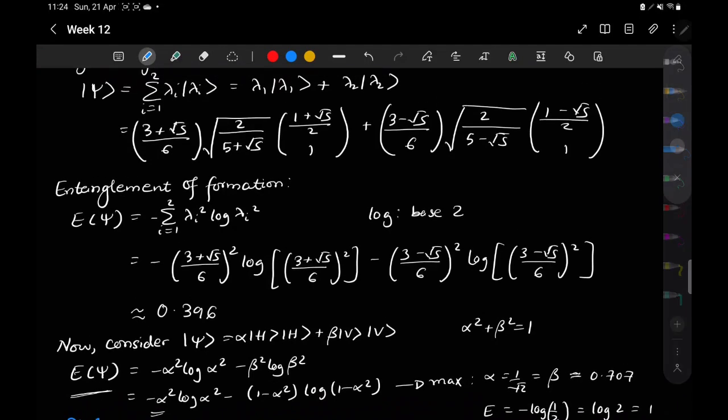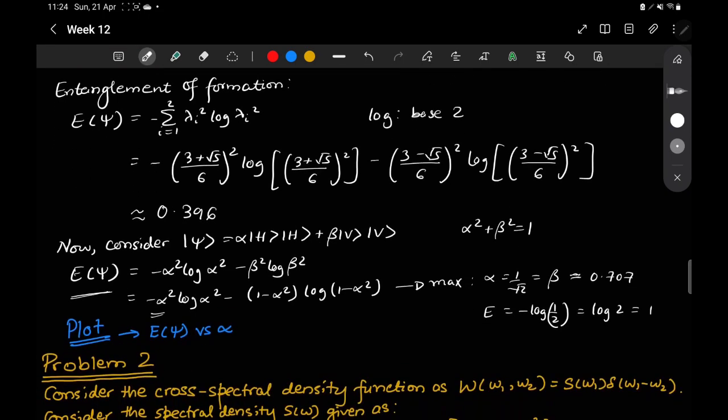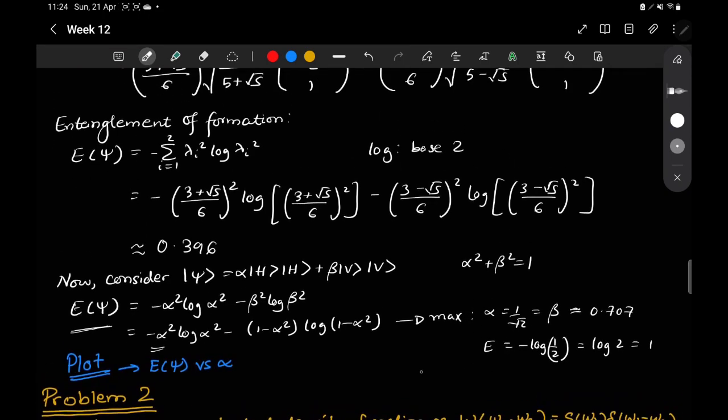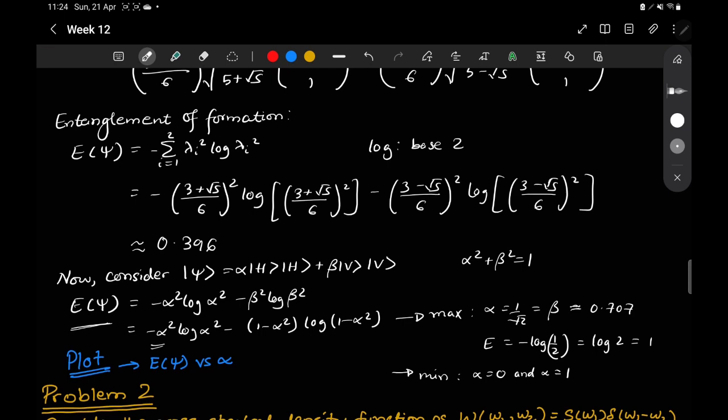Okay, someone is asking why at alpha equals 0 and 1, the plot was showing 0. That's because that is the minimum, at alpha equals 0 and alpha equals 1, and E in this case will be equal to 0 because the logarithm of 1 is also 0.